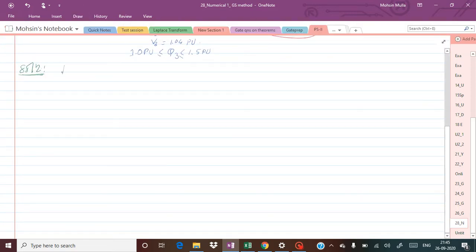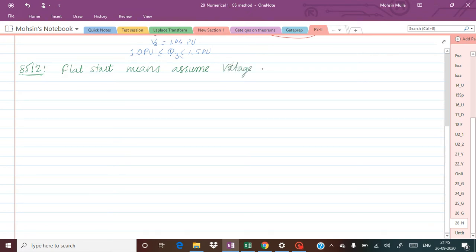Here, we have to start with a flat start. Flat start means that while using the Gauss-Seidel method we have to assume the initial values, so we need to assume the starting voltage.